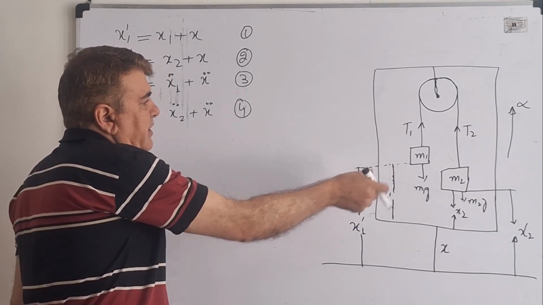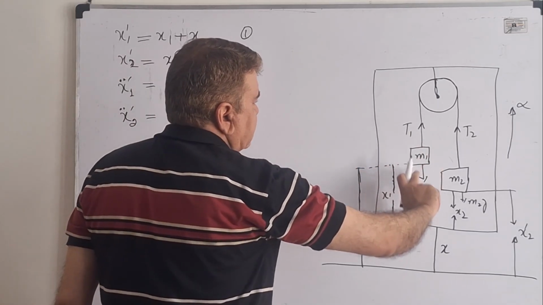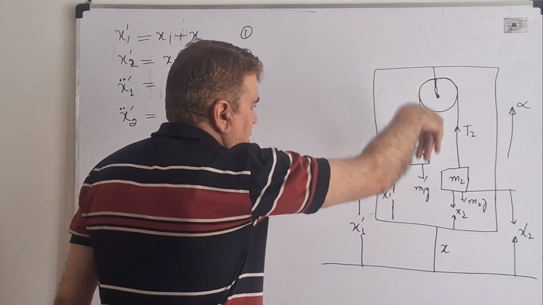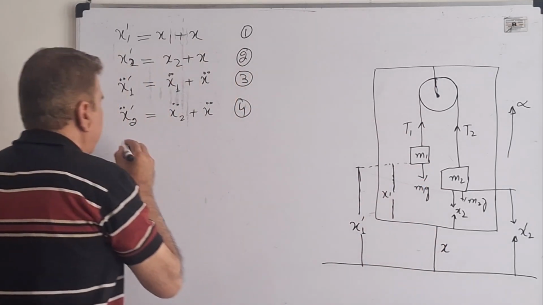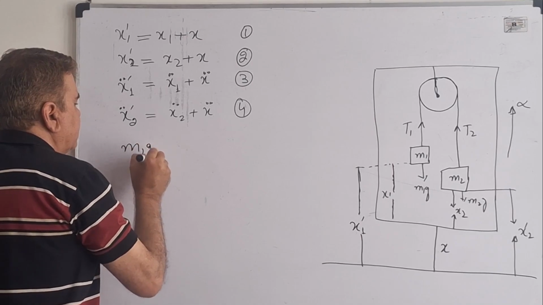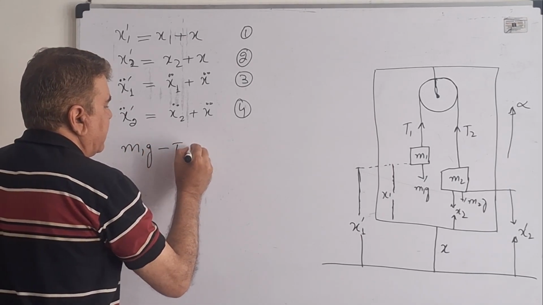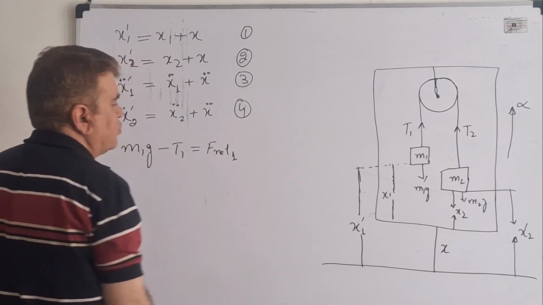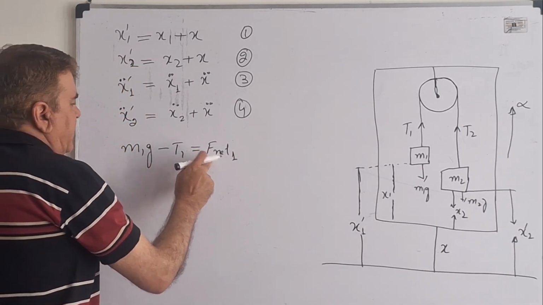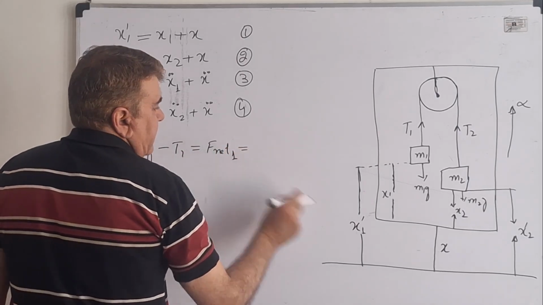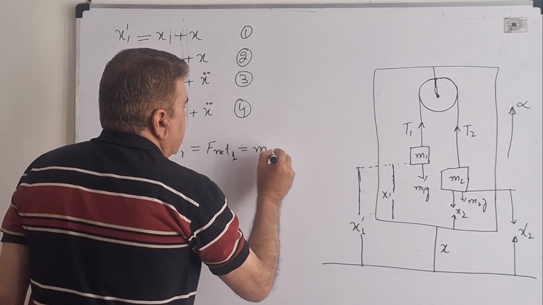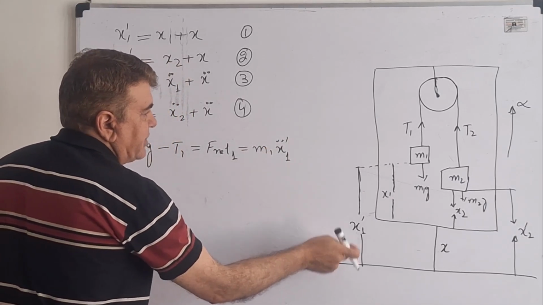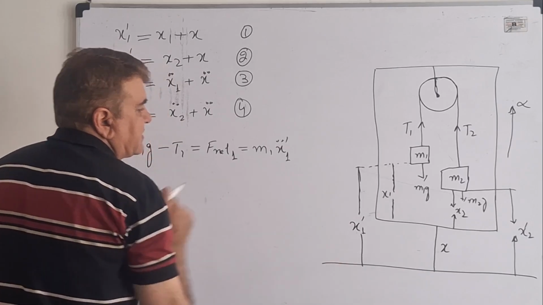According to this observer, the net force acting on this mass is, if I consider the downward direction positive, then I can write m1g minus T1 equals F net 1. Let me call this 1. And this in turn would be equal to m1 x1 prime double dot, because that is the acceleration of the mass with respect to this observer.